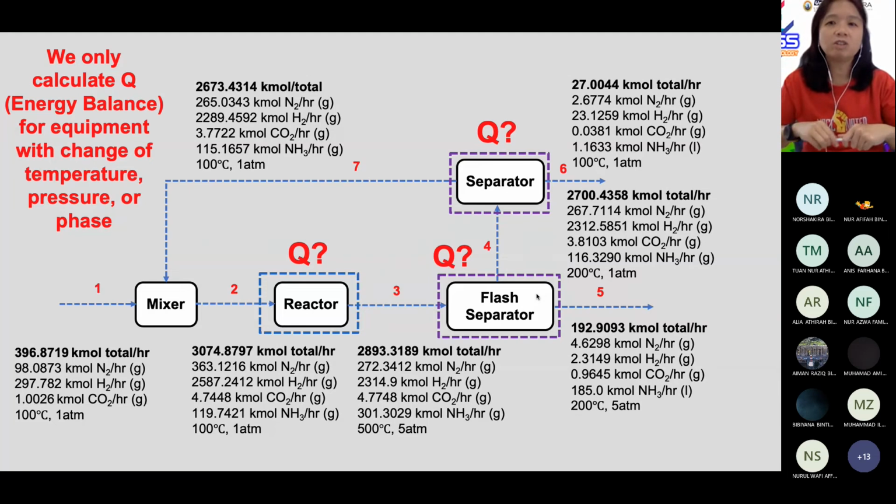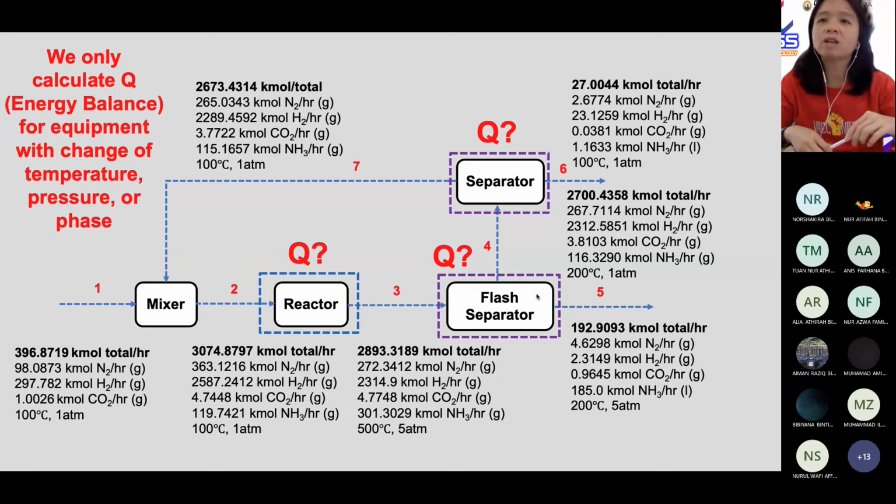But I checked the reports for part 1 that I have marked, and a few groups still have incomplete stream conditions, which are temperature and pressure. Some of the groups don't have them at all. So in the report you can no longer do this. If there is no temperature and pressure condition, you cannot do the energy balance. For those groups that don't have them yet, because certain groups are not under my supervision, I didn't realise it.